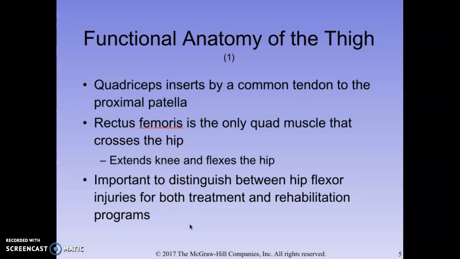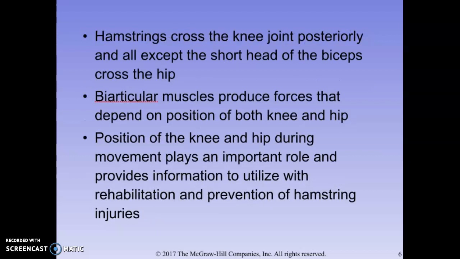Okay, and so that's one of the reasons why it's really important with a hip flexion injury to distinguish whether we're talking about the rectus femoris or the psoas muscles. Okay, really important for the treatment and rehab of that. The hamstrings cross the knee joint and the hip joint. We talked about that. Okay.